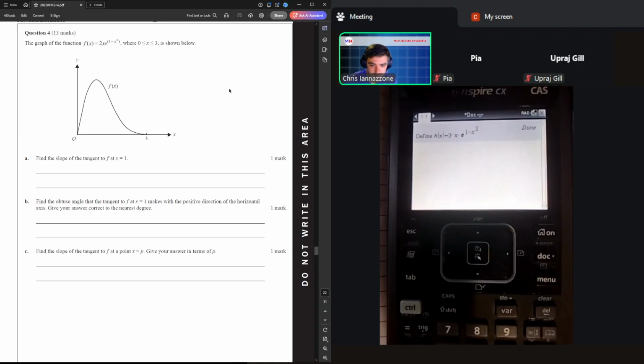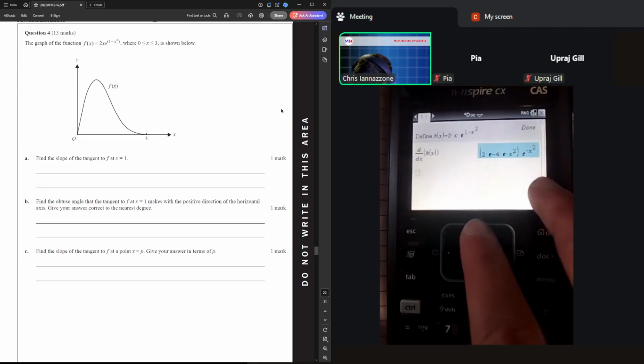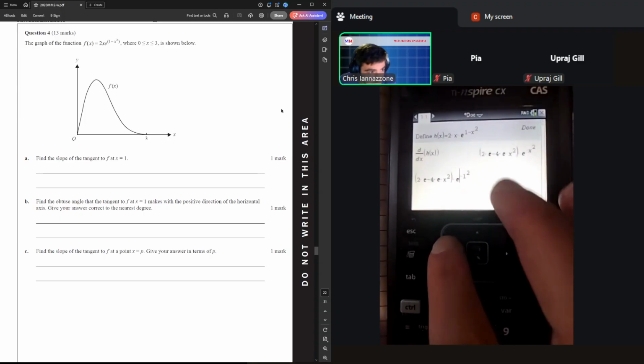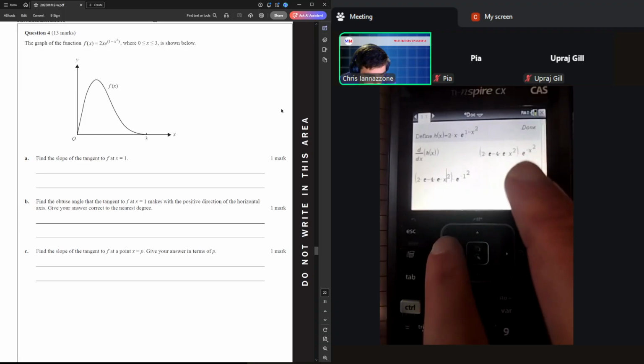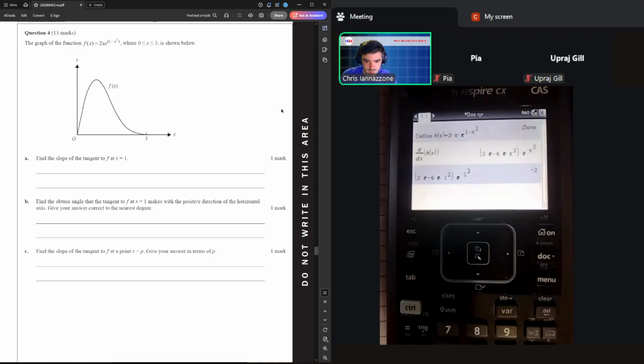Solve it in a very similar way. -2 for slope. Yeah, -2 for slope. That's it. That would have been derivative and then subbing in x equals 1. Derivative, h of x. You could go ahead and define it if you want, but it's probably quick enough to just chuck in your x equals 1. You get your -2. No units, just slope.